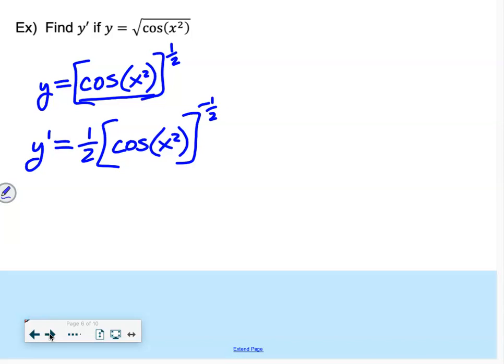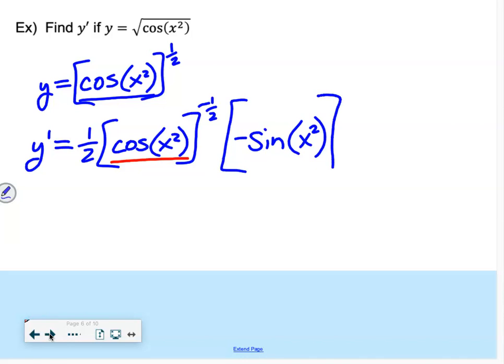Now you have to multiply by the derivative of the guts. So we're going to multiply this by the derivative of cosine of x squared. You ignore everything on the outside and treat it as though you're only looking at cosine of x squared. We know the derivative of cosine is negative sine, so this would be negative sine, guts don't change, so negative sine of x squared.